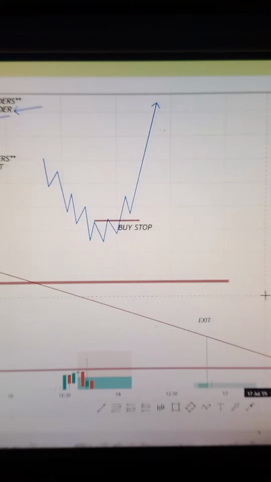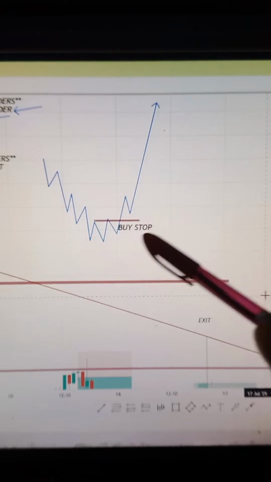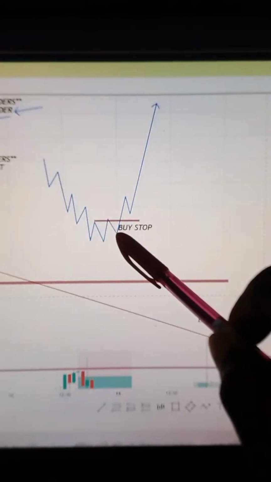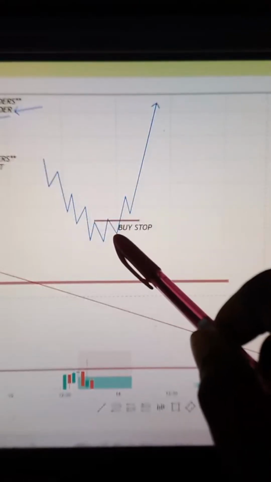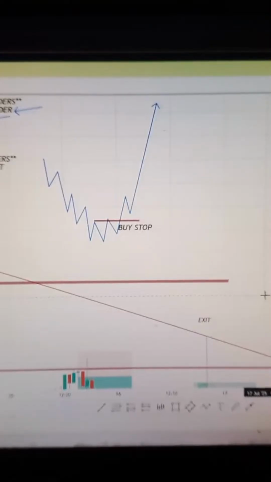It's an order you execute above the current market price. By the time you were putting this buy stop, the market was somewhere here. So you're saying that if you're still going up, execute my buy for me at this point. Once you continue going up, I'll be in profit, right?